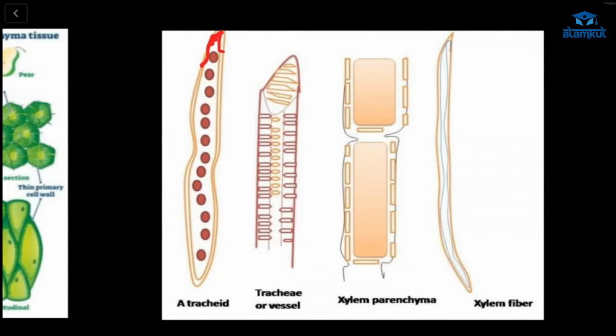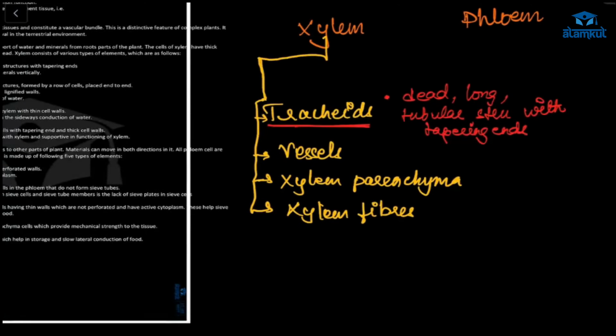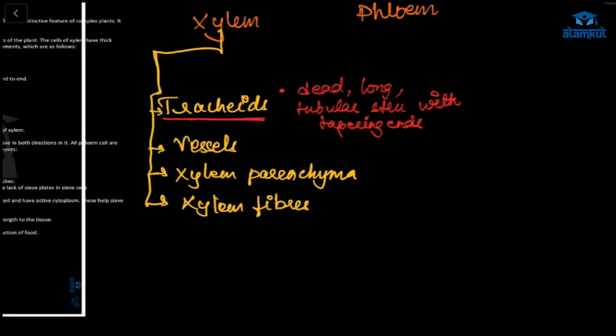They help in vertical transport of water and minerals. Vertically means this is horizontal, so in the vertical direction the transport of water is done by these long tubes with tapering ends.